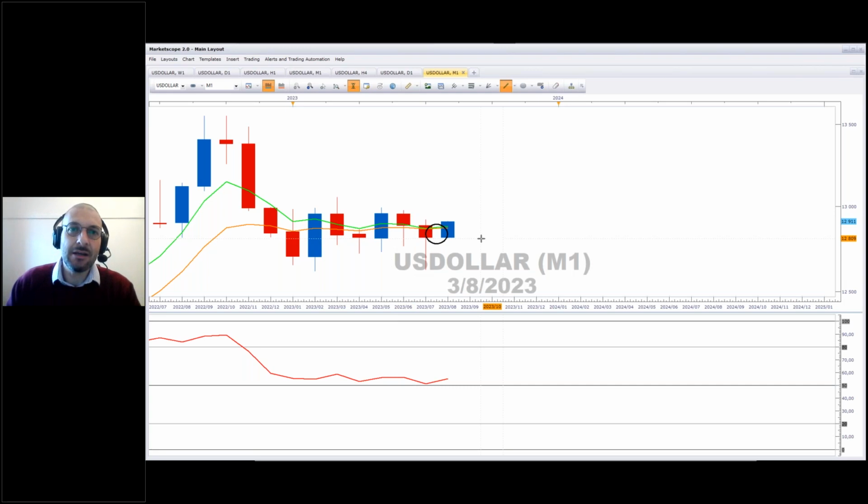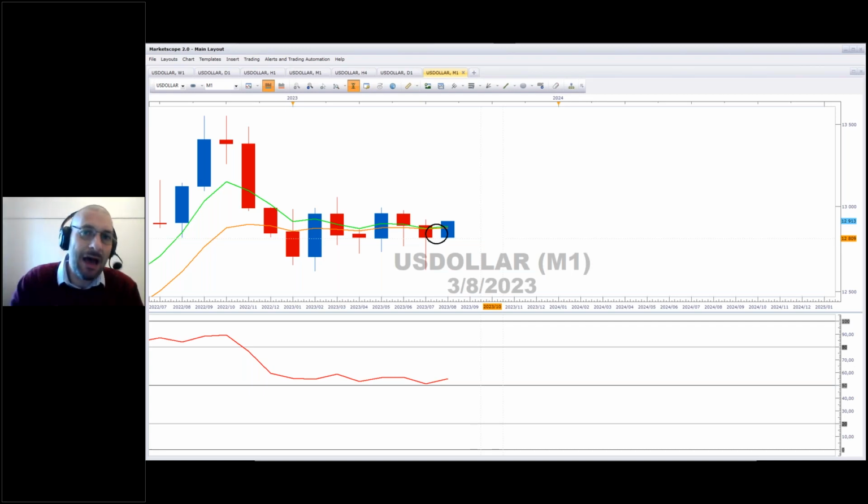That's problematic. The US dollar moving sideways is problematic because it tends to lead other financial instruments. It's the first in a line of cause and effect. What happens with the US dollar tends to filter through to other instruments. It's not hard to understand why. If we look at euro US dollar, the US dollar is the denominator.